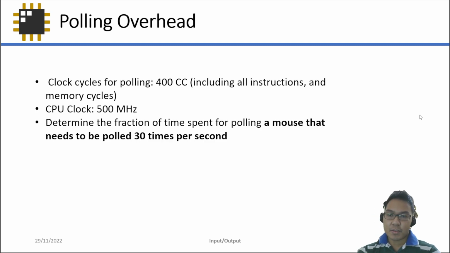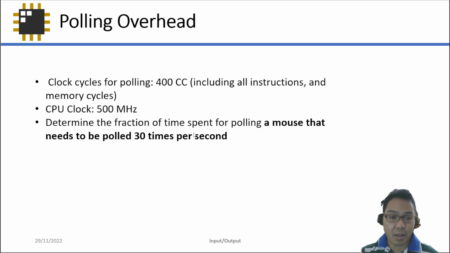So since we've polled like that, we'd want to see how much overhead there is for polling. So let's say, for example, we are given this data for polling. We want to determine the fraction of time spent polling a mouse for a CPU.